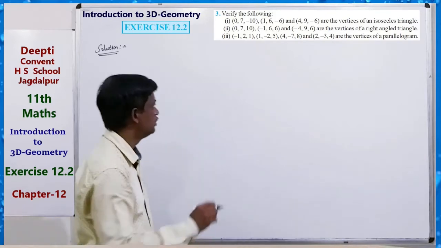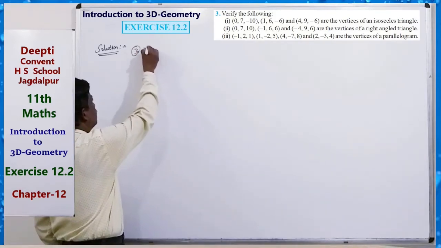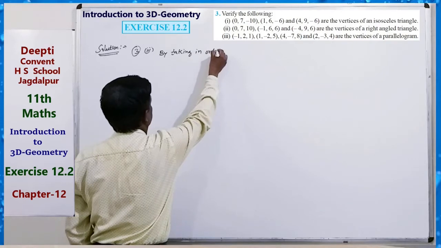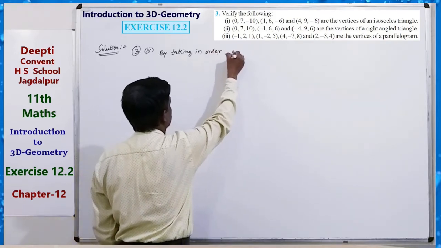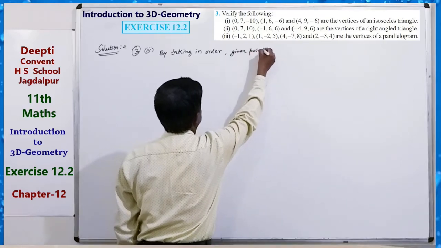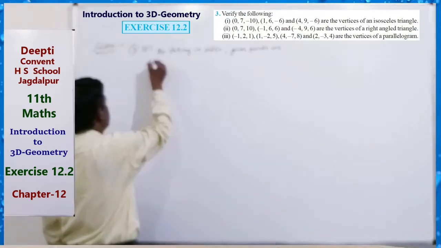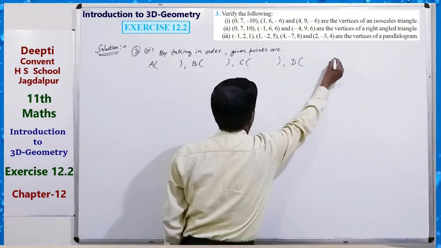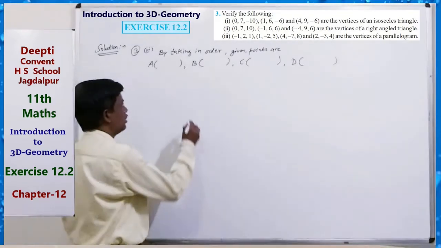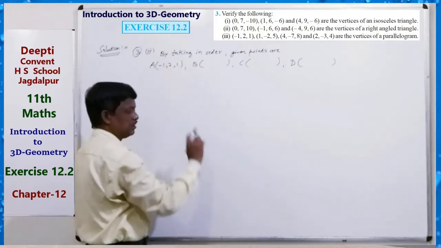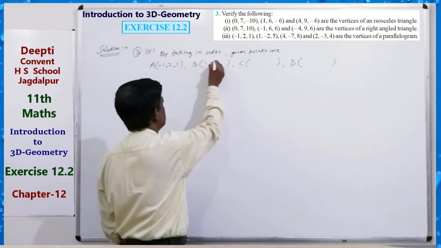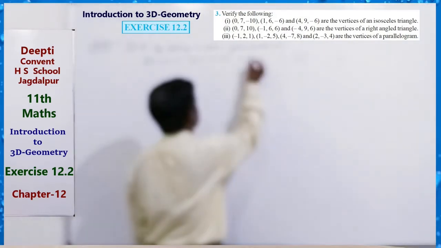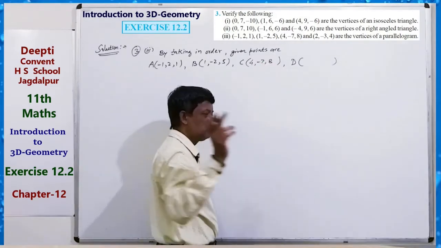Third option, part third. By taking the points in order, the given points are A, B, C, D. What are the points? (-1, 2, 1), (1, -2, 5), (4, -7, 8), and (2, -3, 4).